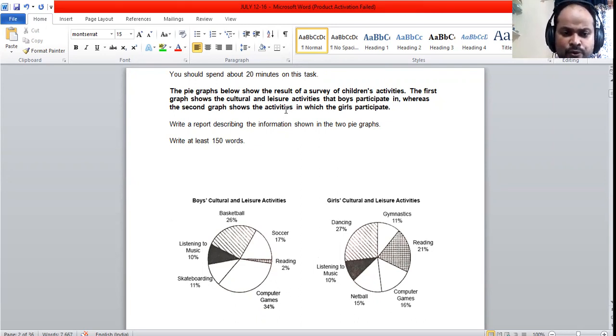In diagram number 1, we have cultural and leisure activities of boys. In diagram number 2, we have cultural and leisure activities of girls. You can see something similar, and we can see something dissimilar there.